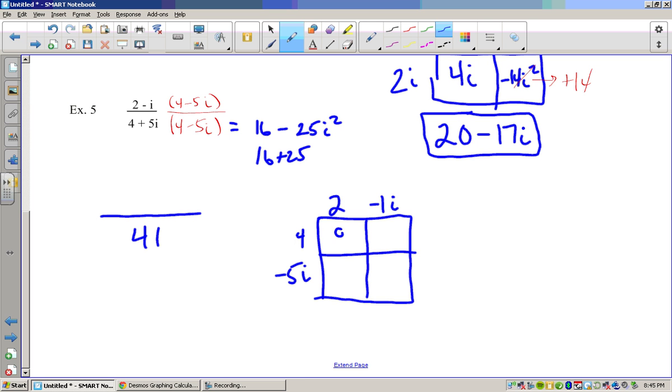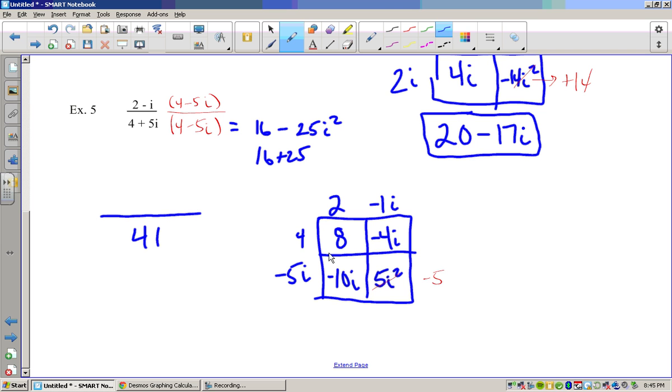So 2 times 4 is 8. 4 and negative 1i is negative 4i. 2 and negative 5i is negative 10i. And negative 5i and negative 1i is a positive 5i squared. But remember, i squared is your sign changer, so instead of 5i squared, it gives us a negative 5.